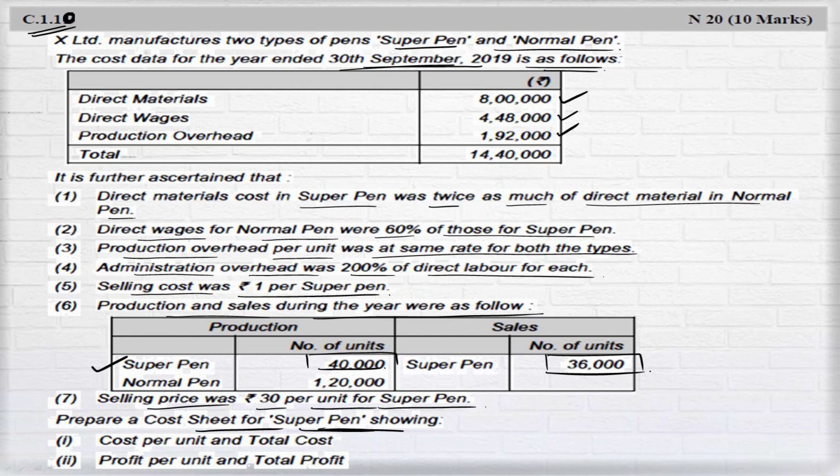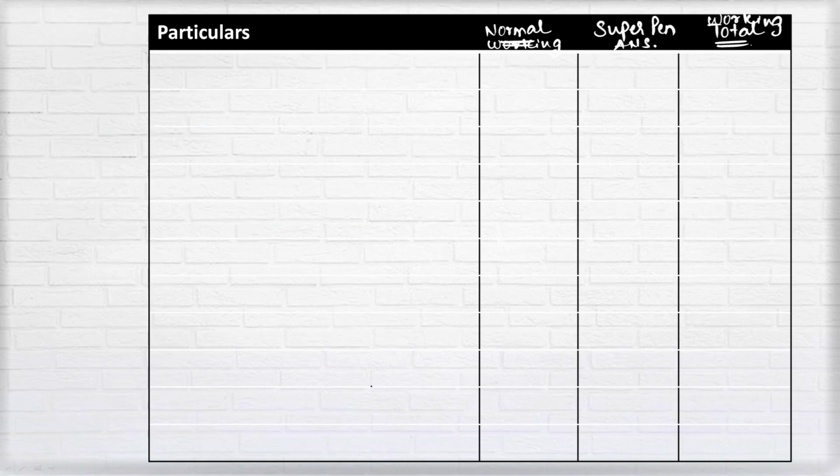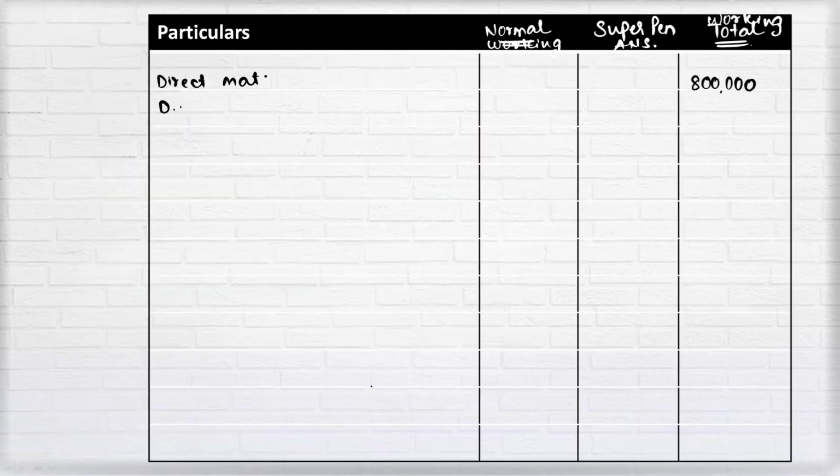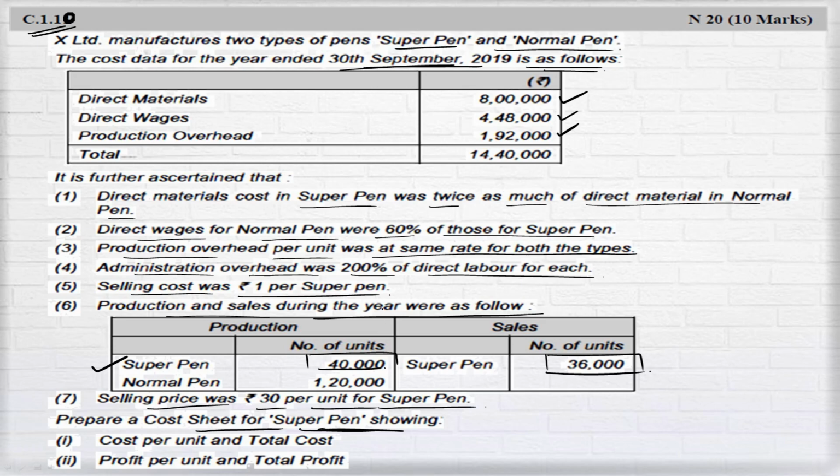Direct material is 8 lakhs. What is 8 lakhs? Is it for super pen, normal pen or total? It is total, right? Direct material is 8 lakhs. Direct wages is 4,48,000. Production overhead.